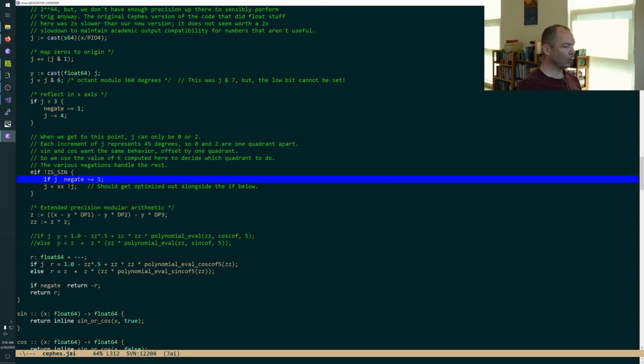So we could actually, if we wanted to introduce another static if down here, we can get rid of this. Because we just say for cosine, this is one way, and for sine, it's the other way, right? But hopefully that gets optimized out. I don't know. That seems like a not hard thing to optimize. Oh, except it's not, because this isn't a Boolean. Like, the compiler doesn't know.